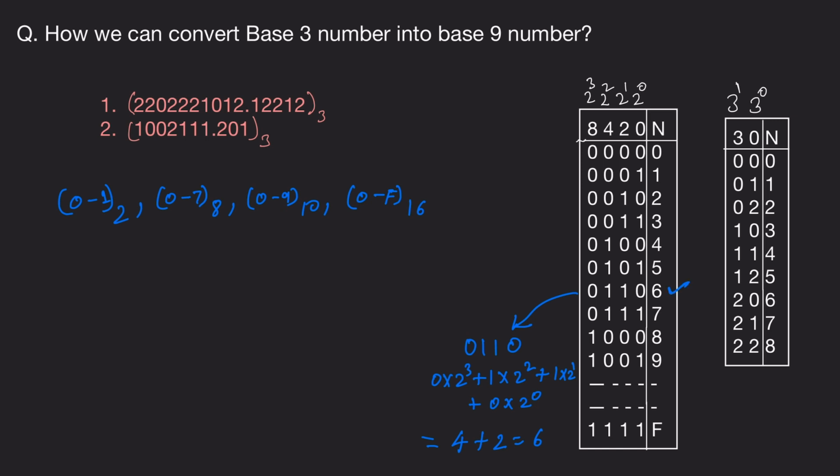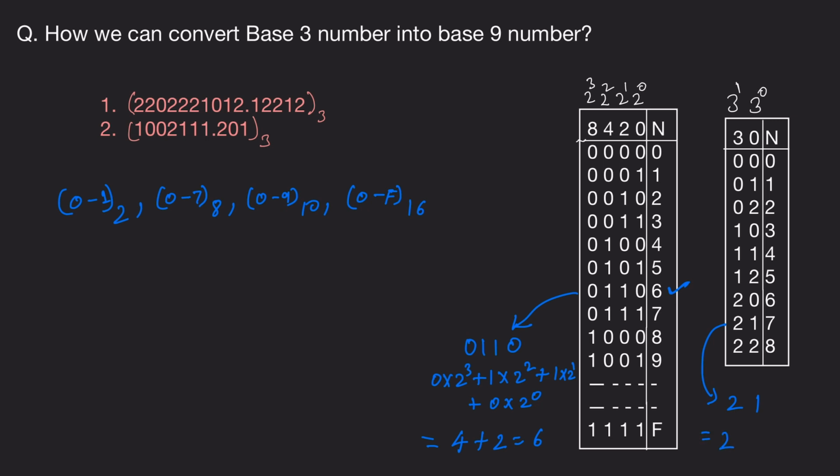Like that, in base 3 also there are positional weights. Every position has its weight. The first position has weight 3 to the power 0, the second position has weight 3. If you take an example of any number, how is its value calculated? Take this one, 2 1.